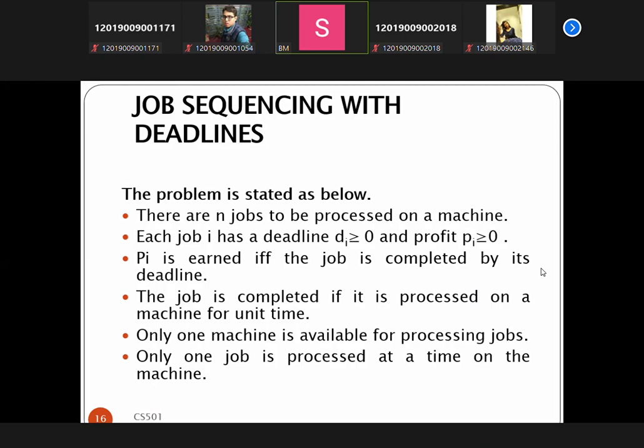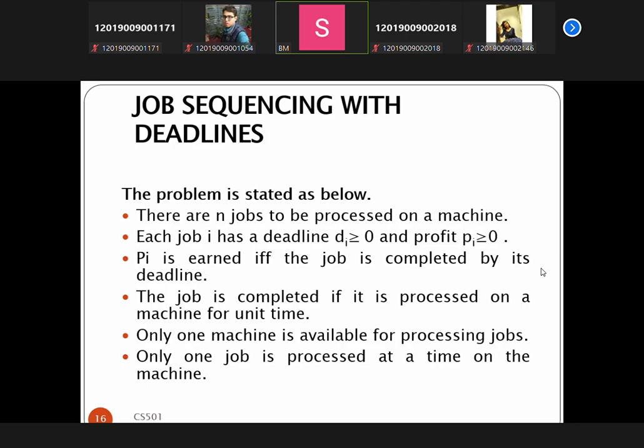And each job has some deadline. Means if you can complete the job within its deadline, then only you can get the profit.